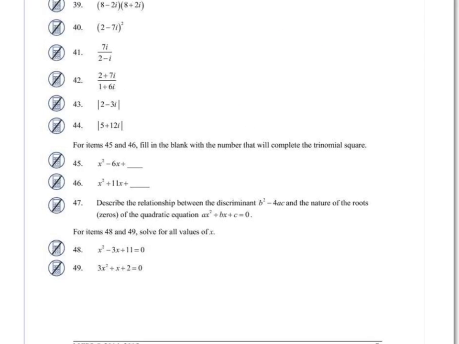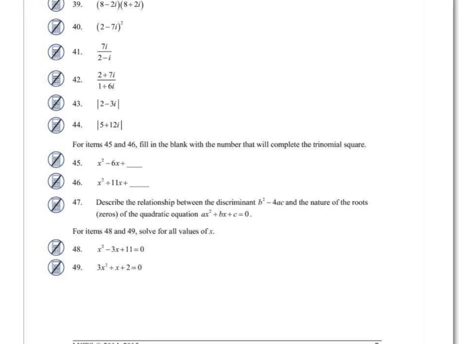So now 43 and 44, they're asking for the distance from 0. Absolute value means the distance from the origin, or the distance to 0. So if we plotted that number, it would be 2 to the right and 3 down. So we can use the Pythagorean theorem to calculate the distance.